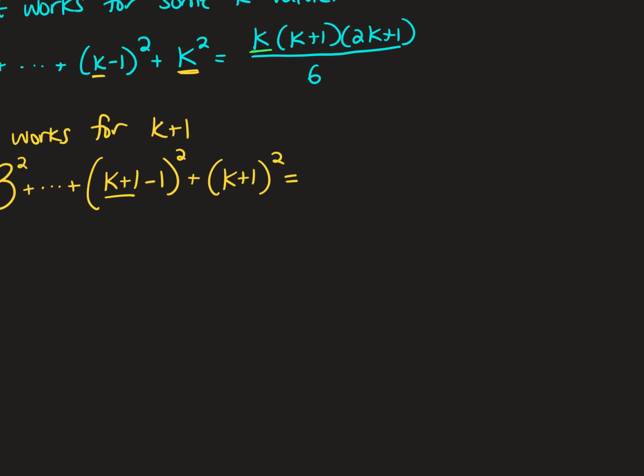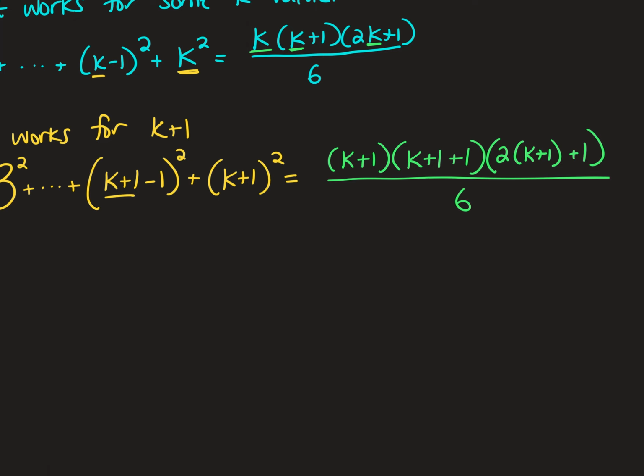Instead of k, we're going to replace it with k plus 1. Now I'm multiplying, so I'm going to put it in parentheses. Instead of k, I'm going to replace it with k plus 1. Now I still have the plus 1 that came after that. Now we have to be careful here because we're multiplying k by 2 in this situation. So instead of k, I'll write k plus 1, but I have to do so in parentheses. All over 6.